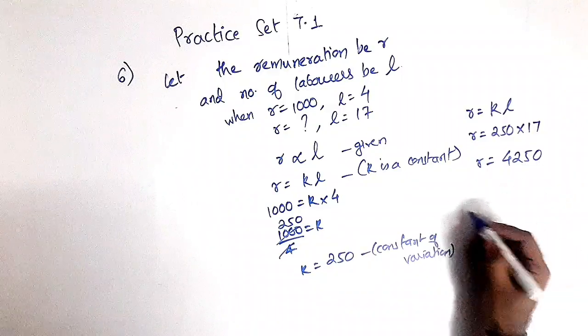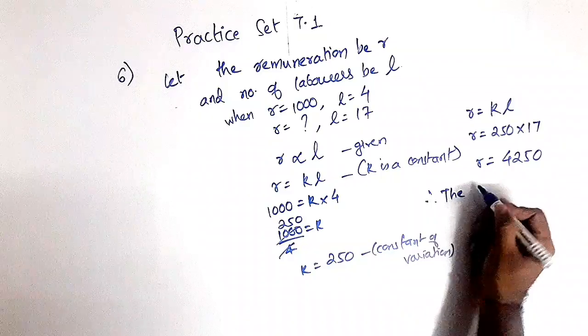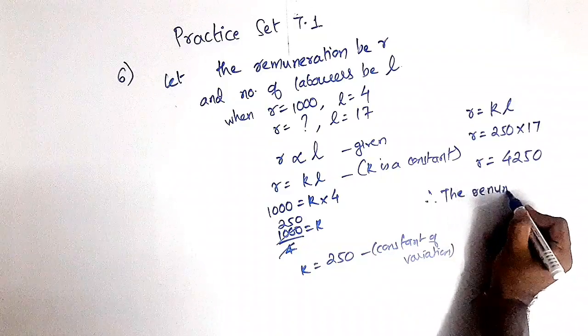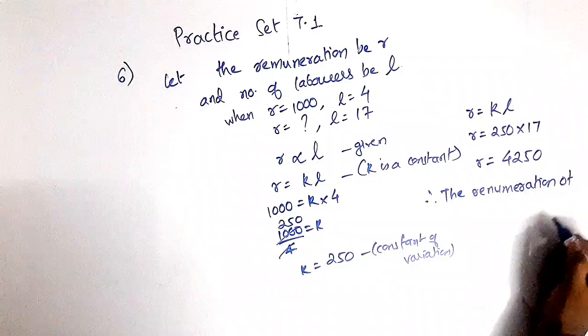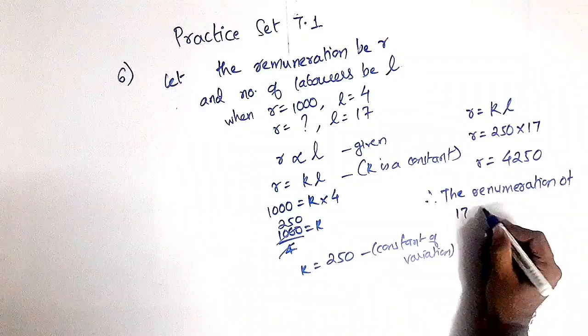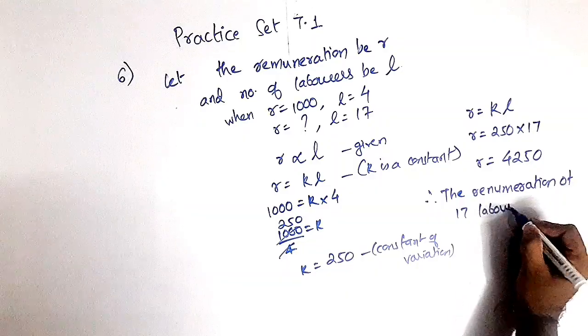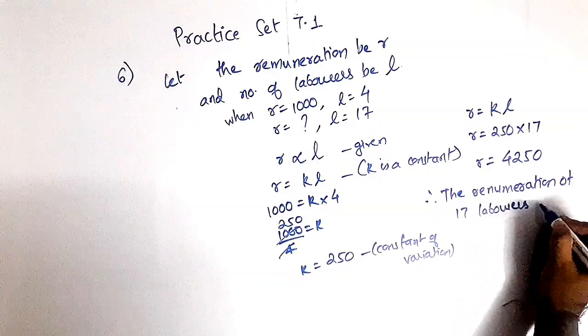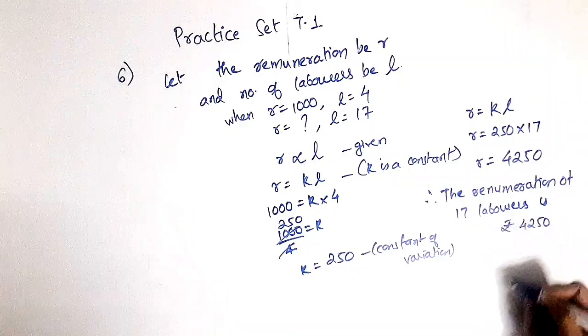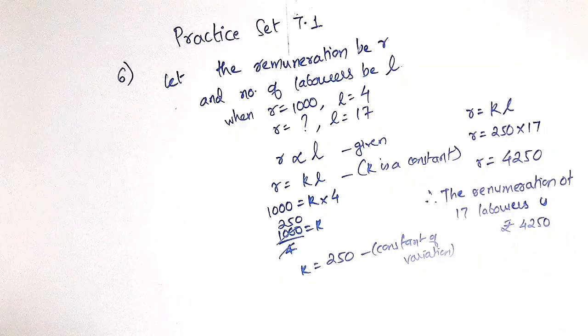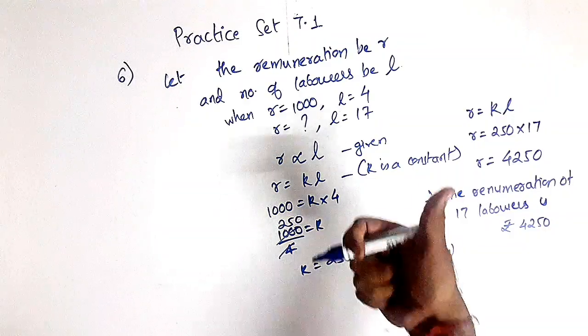So you can write, therefore the remuneration of 17 laborers is rupees 4250. Okay, so with this we complete our practice at 7.1. Goodbye, good luck.